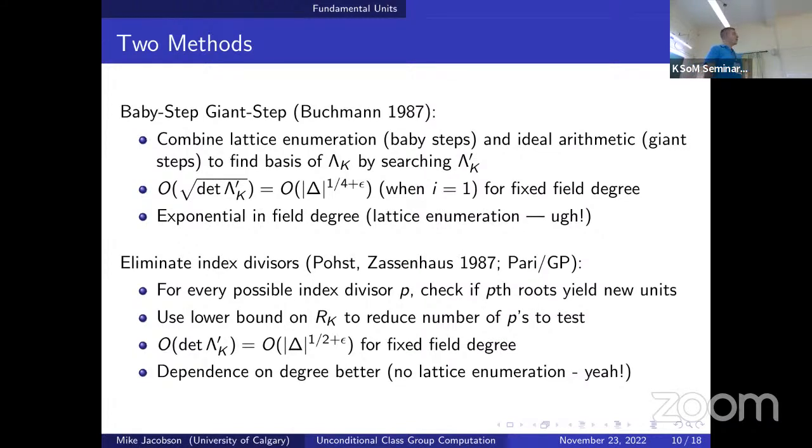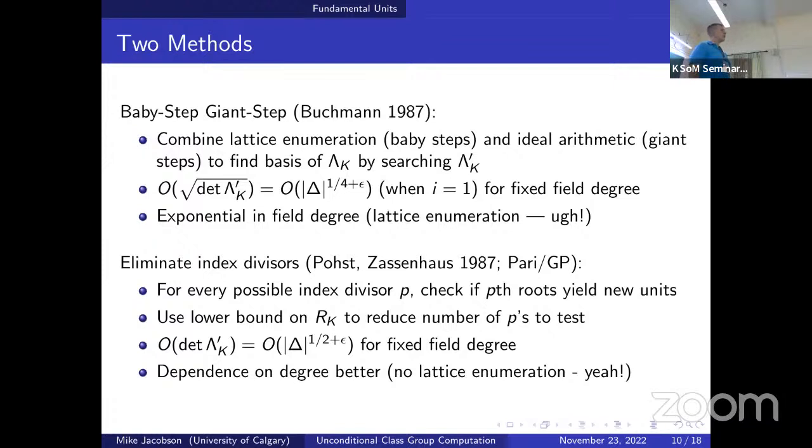So the other approach, and this is actually a component of what's implemented in things like PARI, is that you try to just eliminate index divisors. So you try to find a lower bound on the regulator, and then that gives you, in conjunction with the determinant of the lattice that your units generate, basically a range of possible prime divisors of the index.